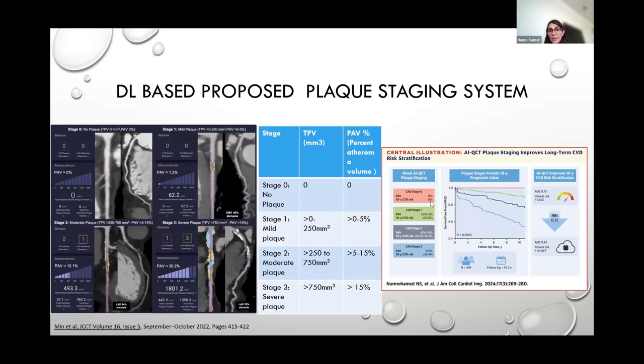And when this staging system has been studied, they have found that it does have prognostic value, with patients in the stage 3 category having severe plaque clearly having worse outcomes compared to those that are stage 1 and 2. And this prognostication had a better performance compared to using clinical risk and using a CAC-based system for prognostication.